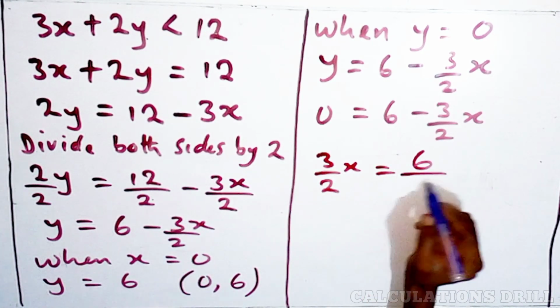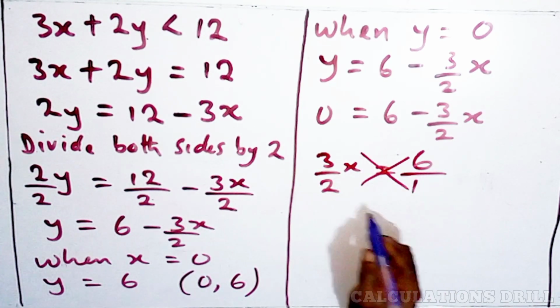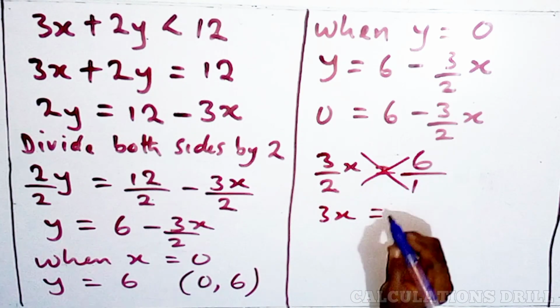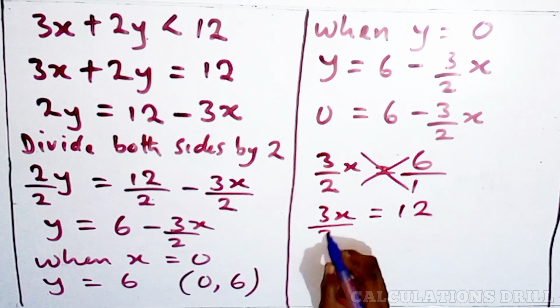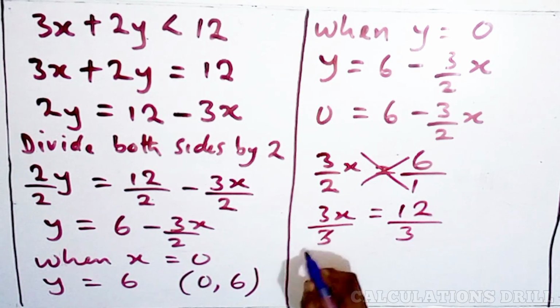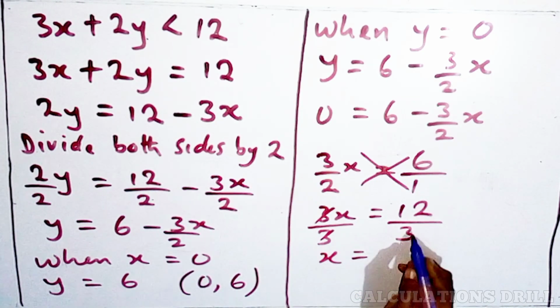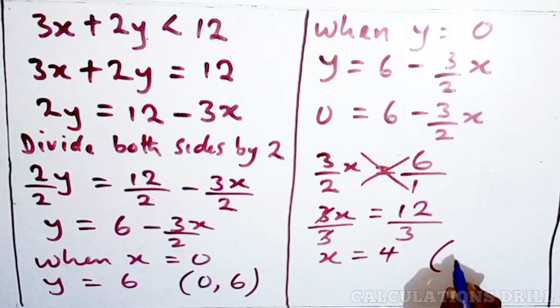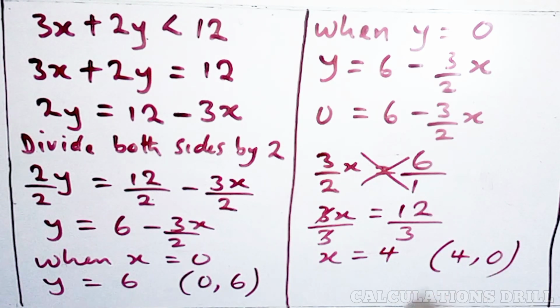Then we cross multiply this way, as you can see on the board. So 3x equals 12. Divide both sides by 3. Then x is equal to 4. And the second coordinates are 4 and 0.